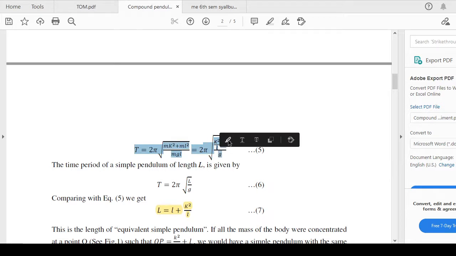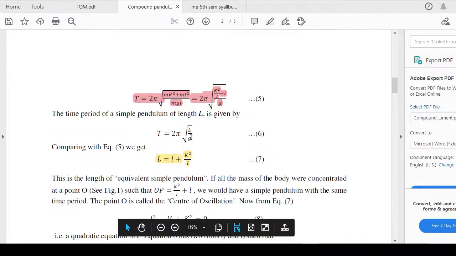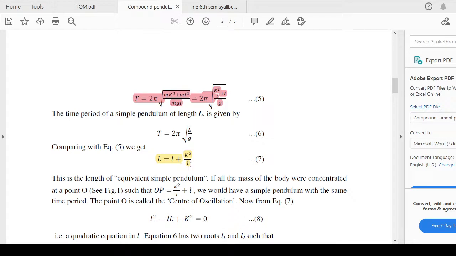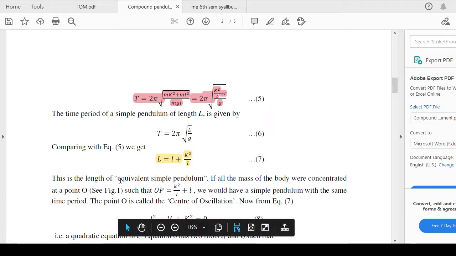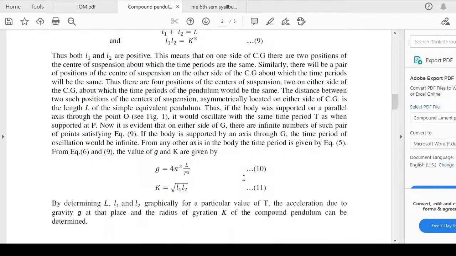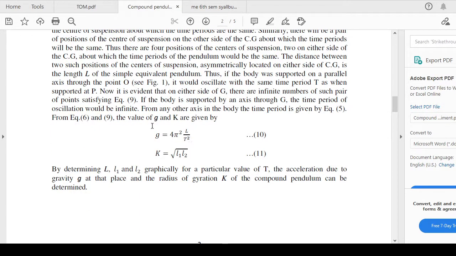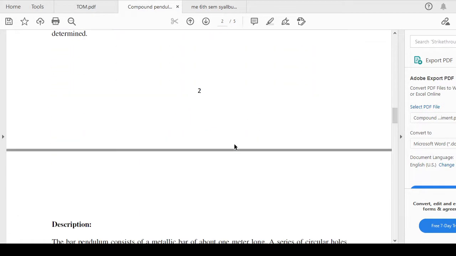If you compare this with the simple pendulum, it gives the comparison of the length: L equals small l plus k square by small l. This is called the equivalent simple pendulum, meaning if this length is replaced, it becomes an equivalent simple pendulum.